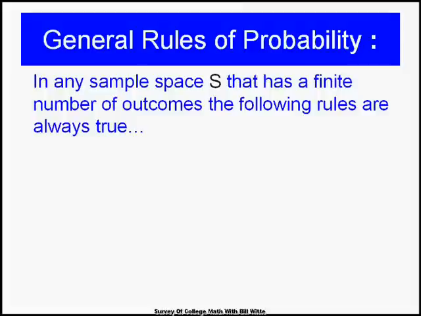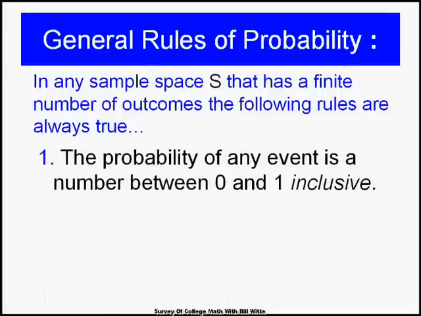So this is going to be one of our general rules of probability. In any sample space, as long as there's a finite number of outcomes, and that's basically what we're going to be dealing with, because we wouldn't be able to count them otherwise, the following is always true. The probability of any event is going to be some number between 0 and 1. And I say inclusive. It could be 0 or it could be 1.